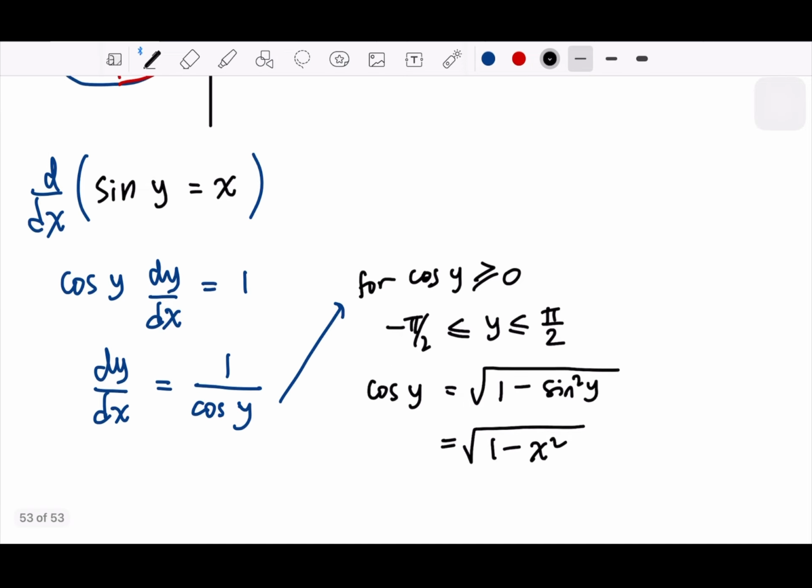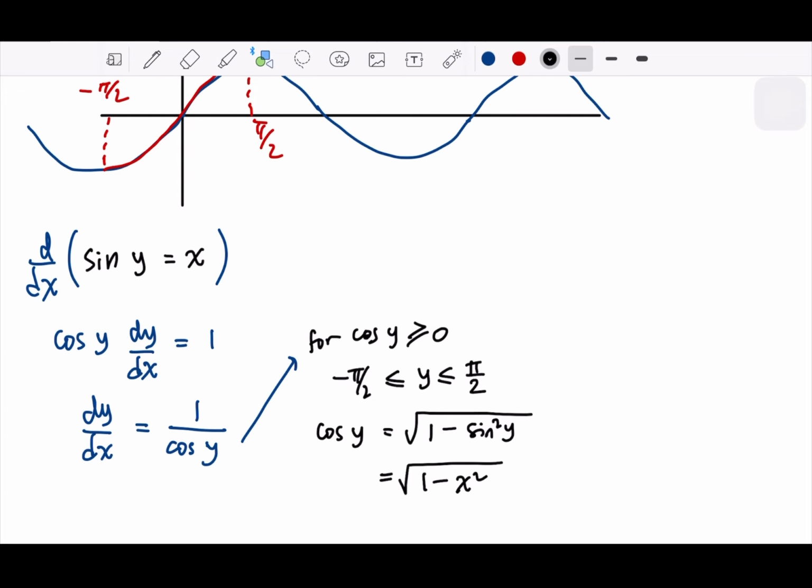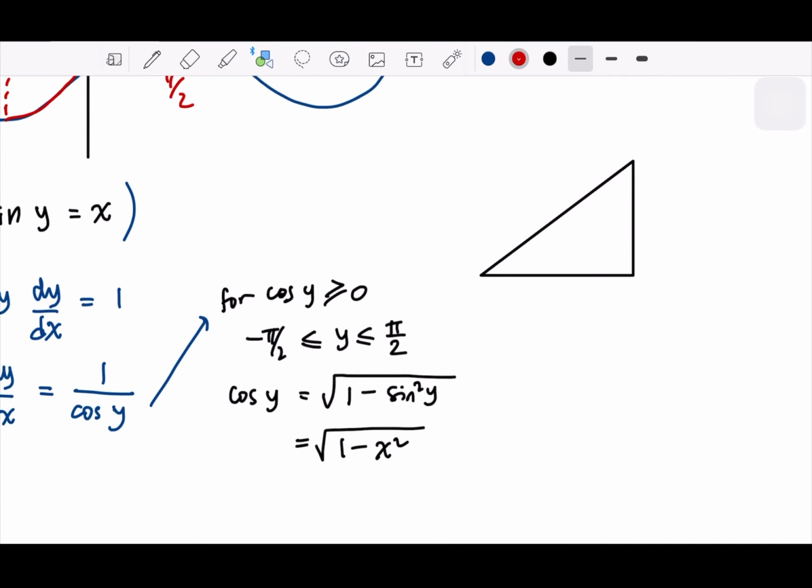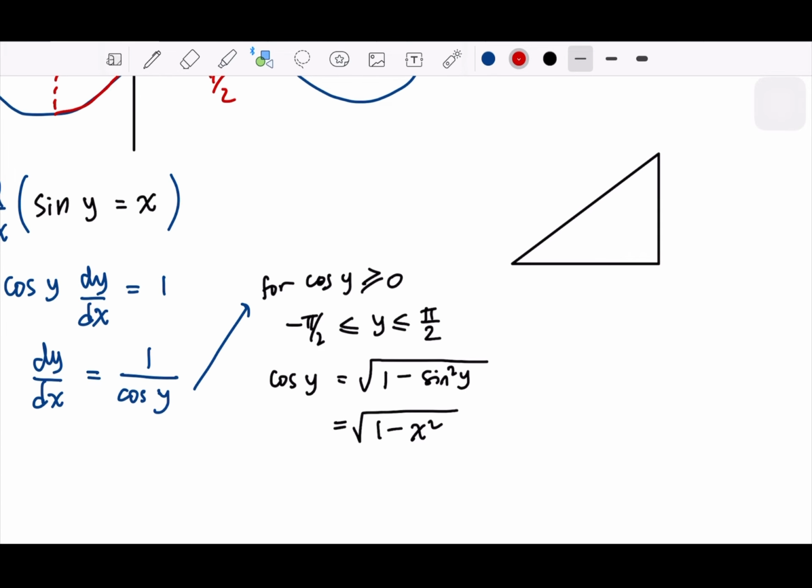Or usually, I always suggest you to draw a triangle and let y become your angle, and this will be x and this will be 1.